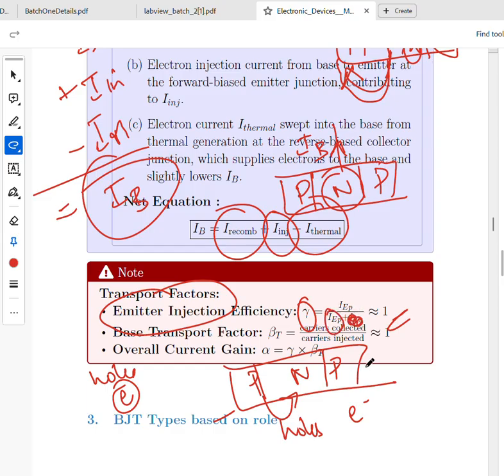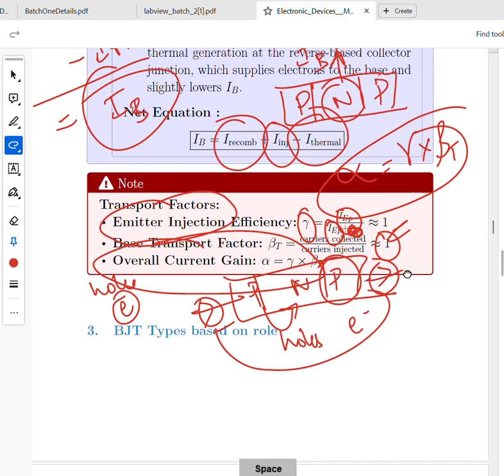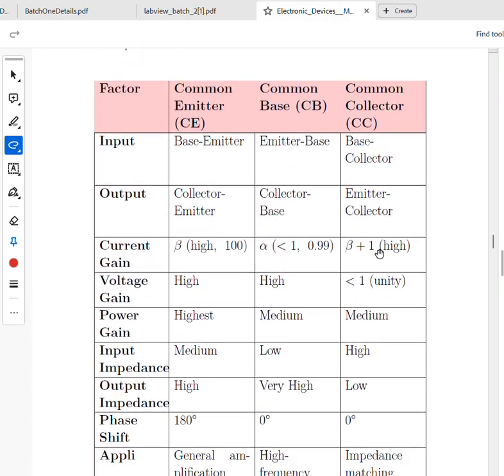It's mostly just the holes. Okay, base transport basically means the carriers collected over here are the same amount as the carriers injected here. This is equal, and usually this is also one. Current gain can also be calculated by the injection efficiency times the base transport factor. This is another formula. You can remember that if you want to, otherwise it's not very important.